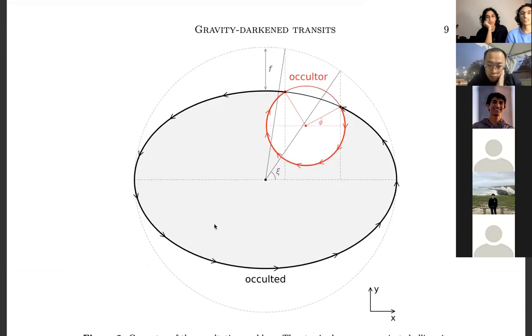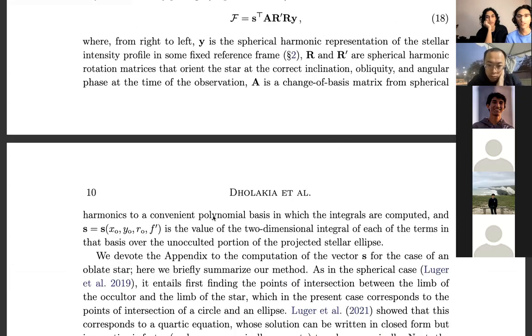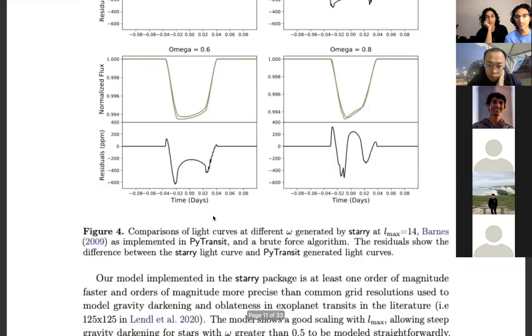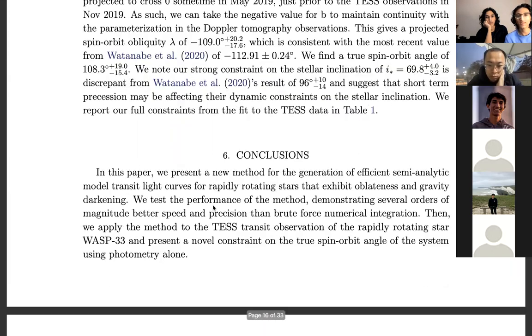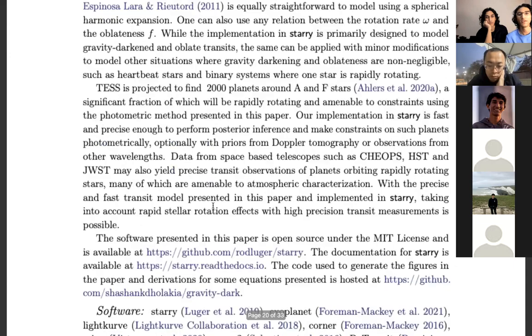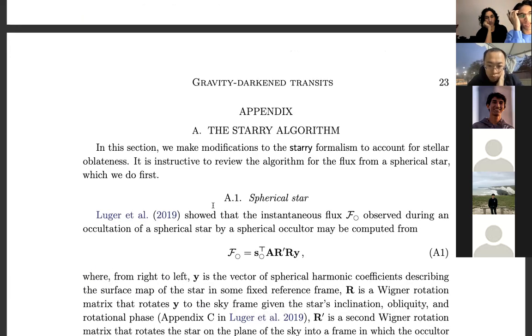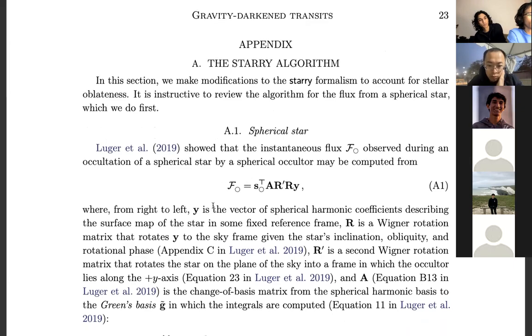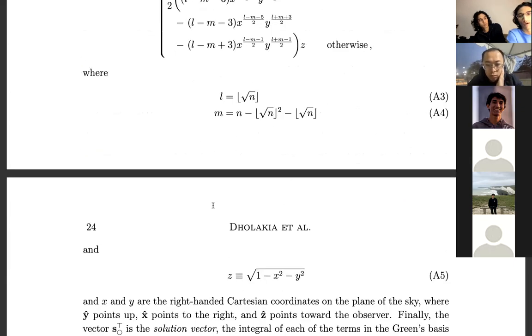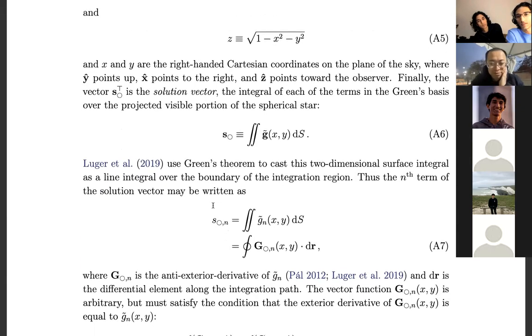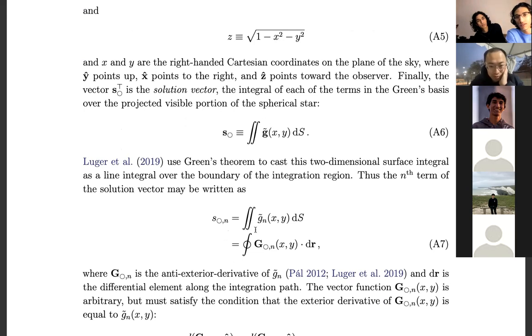And so a large part of our paper, I'm going to scroll down to the appendix here, a large part of this paper is essentially writing out and extending the Mandel and Agol transit model to arbitrary stellar surfaces, and specifically taking into account gravity darkening. So, this is our double integral.